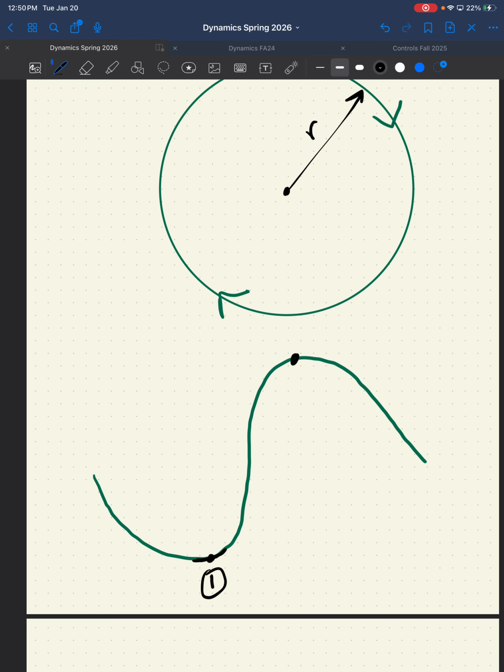Or would you draw that circle here? This one? Yeah, right. It's really easy to see here because this part of the path is nicely almost circular right there. So this is the curvature of that path.